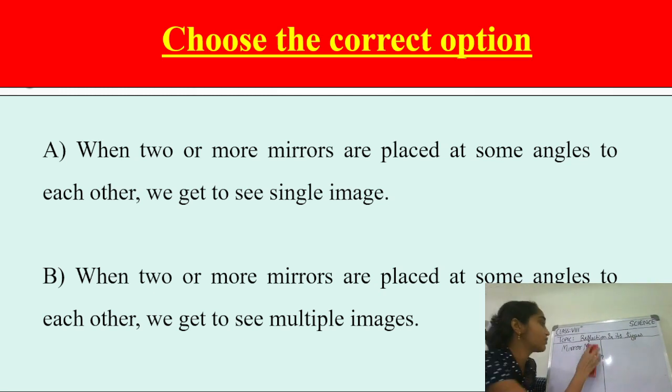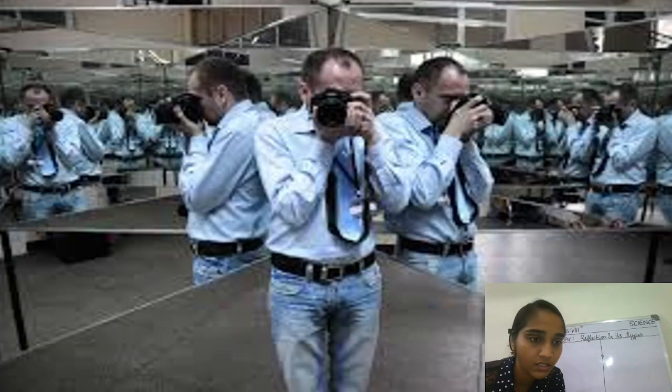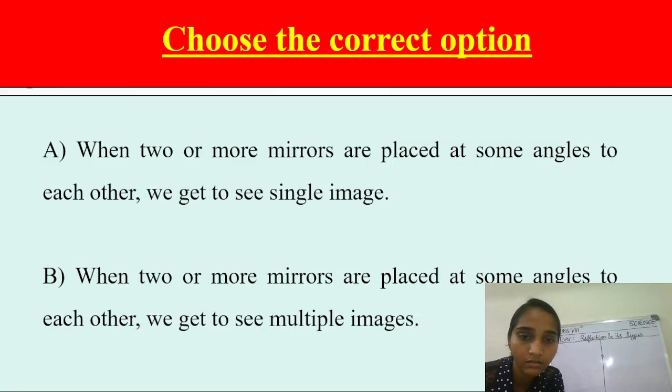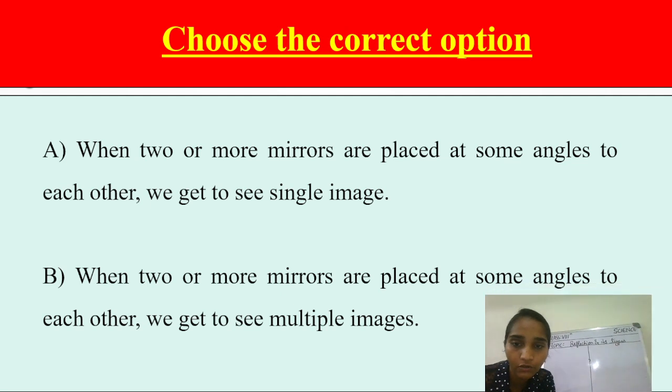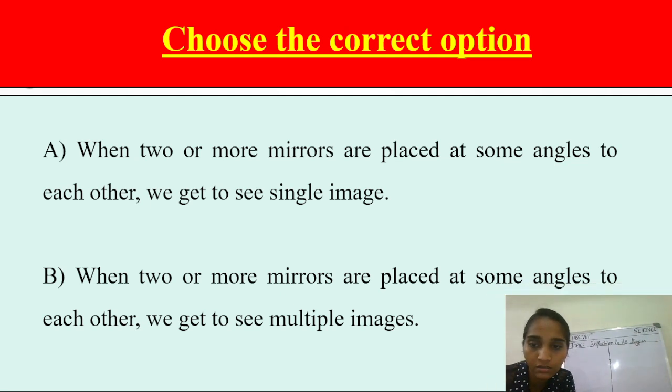Which is the correct option? Yes, you can take your time. Just a second. Now you can give your answers in the comment section. I'll be waiting for a few more seconds for you.